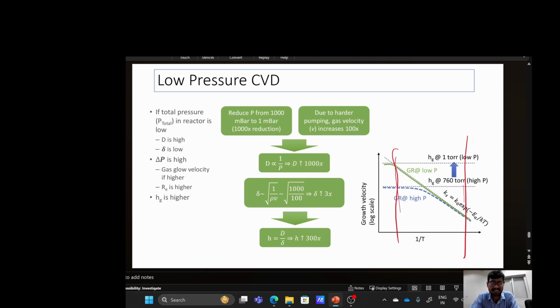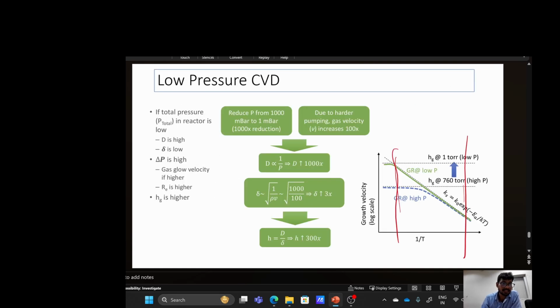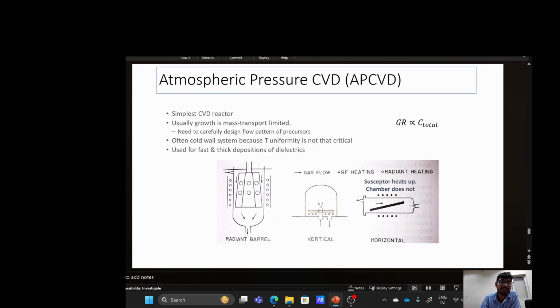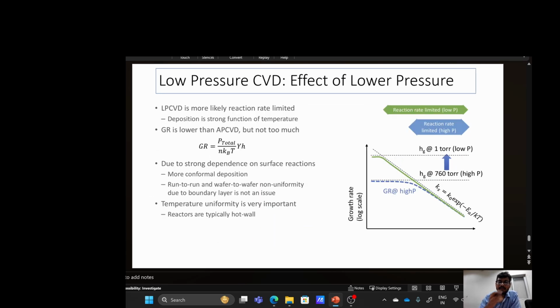Just go through the slide, and you will get it easily. There is nothing that typical I wanted to tell, but because of less time, we can discuss in the next session. If you have any doubts in atmospheric pressure CVD and low pressure CVD, you can ask me, or we can close today's session.